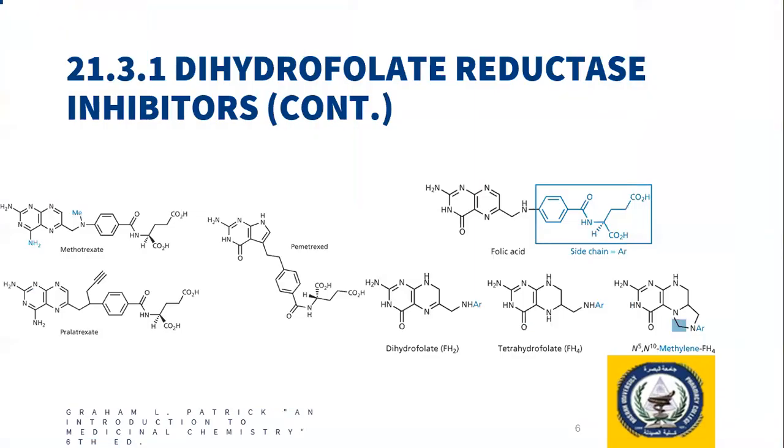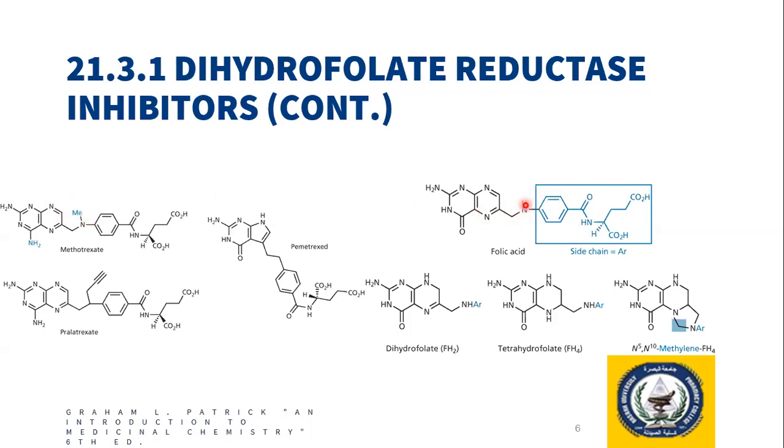We mentioned that methotrexate has stronger binding affinity for the enzyme. So why? Because methotrexate has more binding groups to the enzyme. You see, the methotrexate has the same structure as folic acid, right? The only difference is that it has one methyl group here.